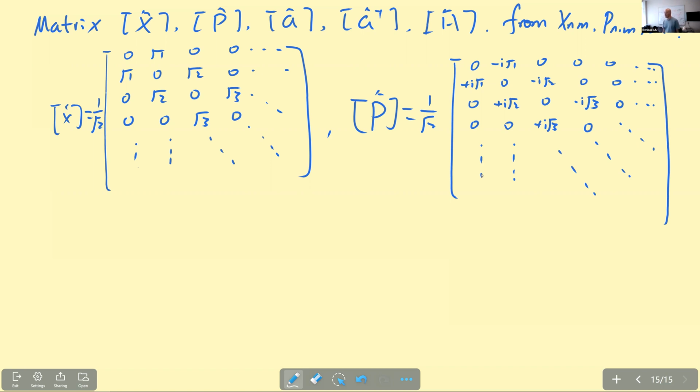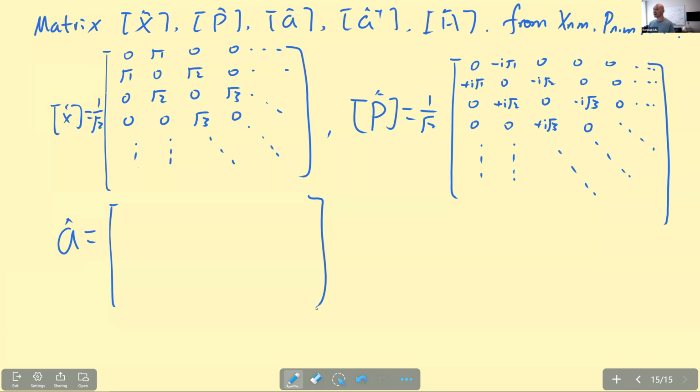And if you look at this A, actually it's even simpler. For these two matrices, you multiply i to P and then do the summation, right? That will be divided by square root of 2.